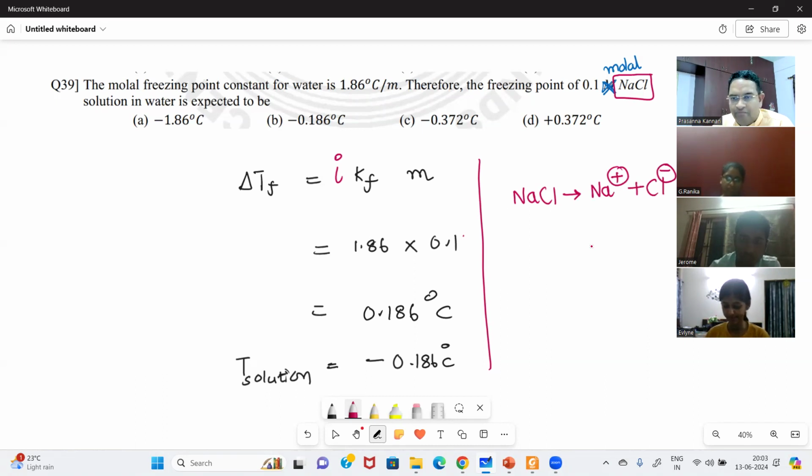Instead of you expecting the colligative property of one particle, you will see that of two particles. Hence, Van't Hoff's factor i for sodium chloride is 2 because one molecule splits into two ions. So this whole thing you have to multiply by 2.